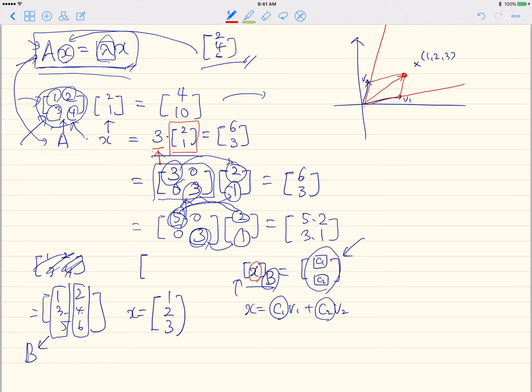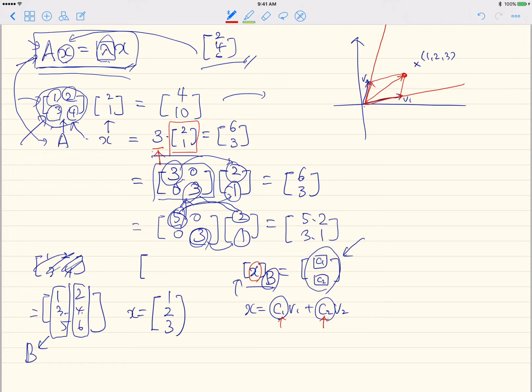It's 1, 1, right? Because it's composed of the summation, from this parallelogram, of 1 times v1 and 1 times v2. So these linear combination coefficients should be 1, 1.